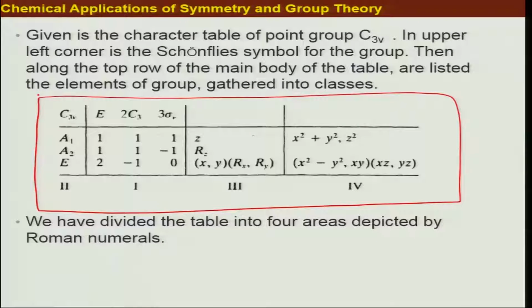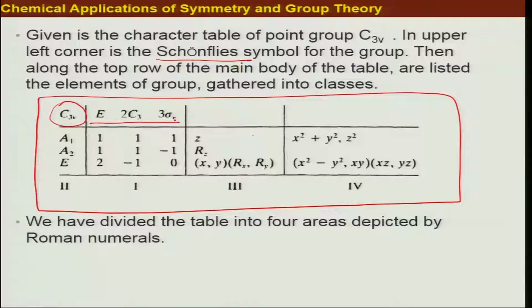Okay, so a quick look at this table will tell you that there are several sections in this table. At the very beginning, in the top left corner, you have the symbol of the point group, which is given by the Schoenflies notation. Next to that you have the symmetry elements, which are clubbed in classes.